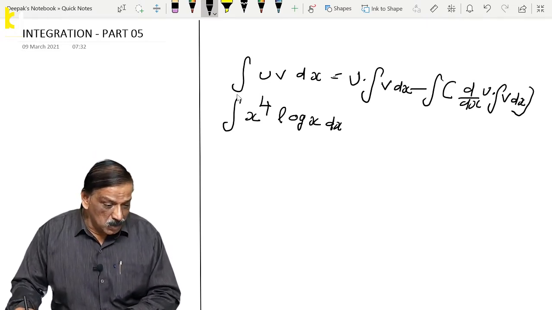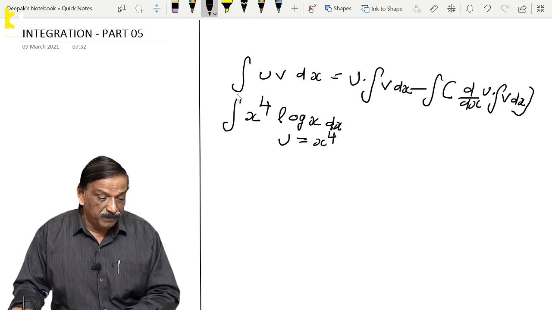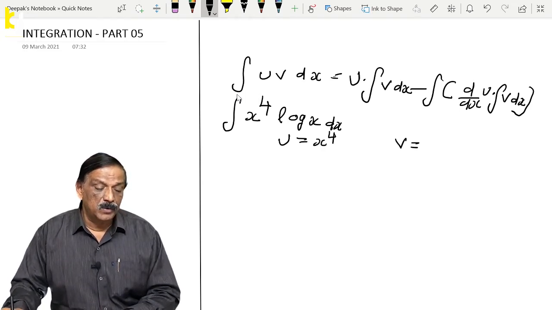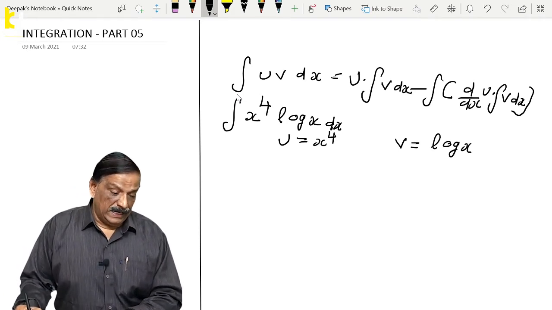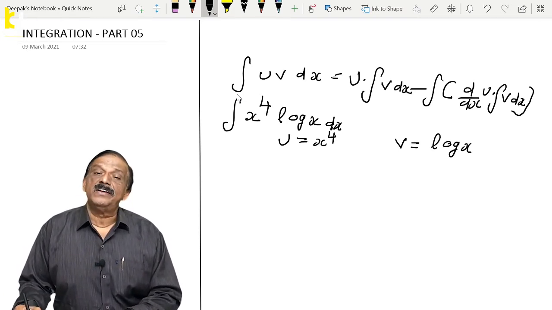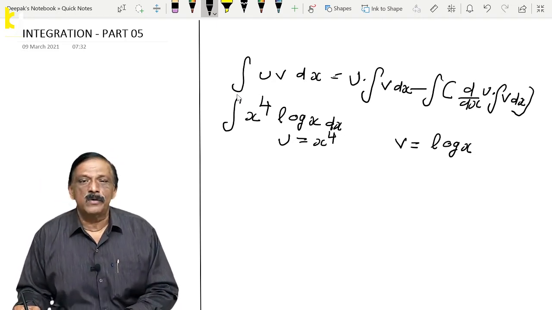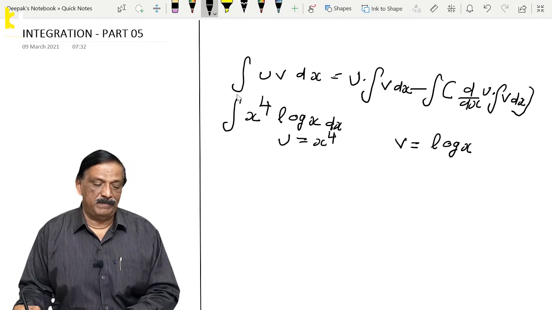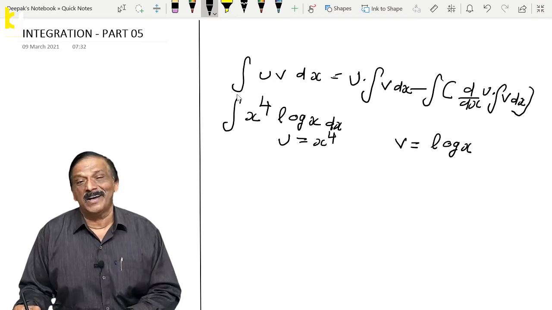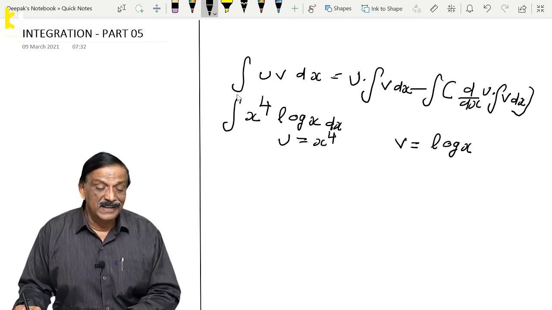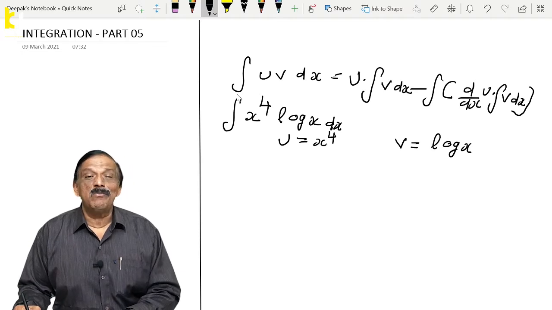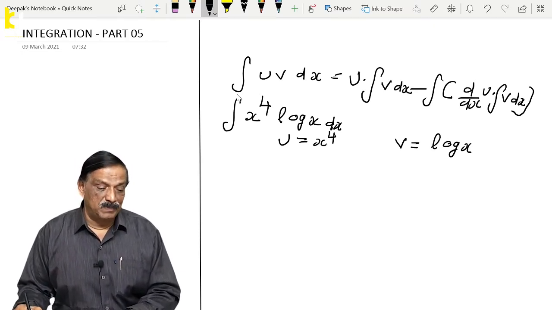Here u is x to the power of 4 and v is log x. X raised to 4 we can integrate easily, because integral x raised to n dx equals x raised to n plus 1 by n plus 1. But integral log x is not direct; we only know integral 1 by x dx equals log x. So some arrangement must be there.